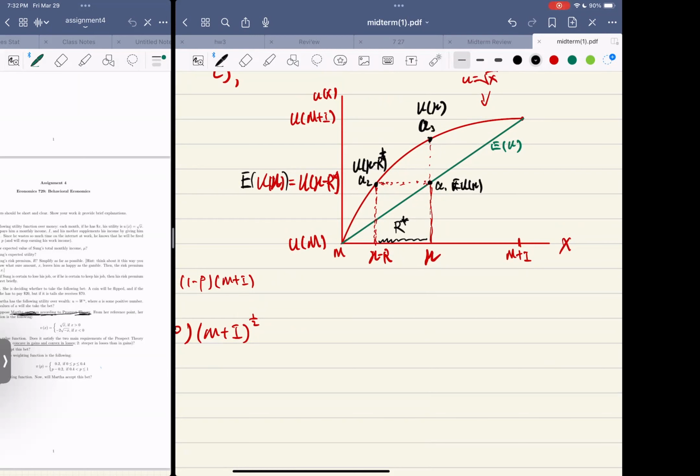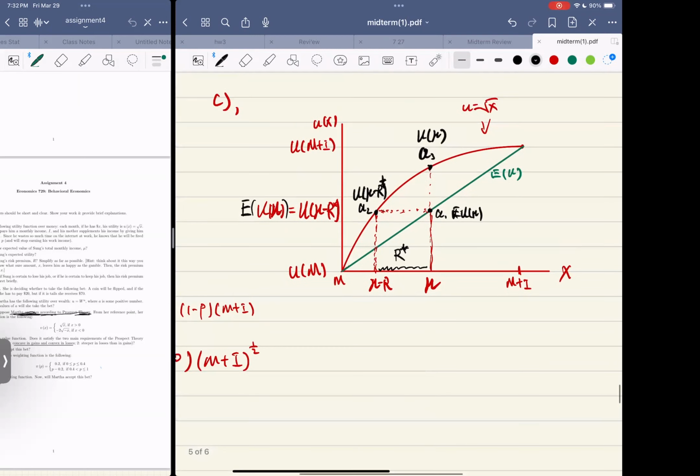Can we see the difference? U of mu is where we can get that mu amount with 100% certainty. And the expected utility of mu is lower, right?